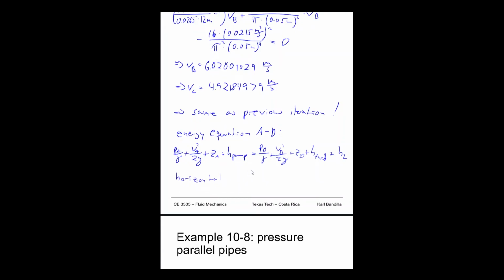Horizontal system, that means that ZA is equal to ZD is equal to some arbitrary value of Z. We could set this to 0, but we can just leave it as Z because it's going to cancel out anyway.